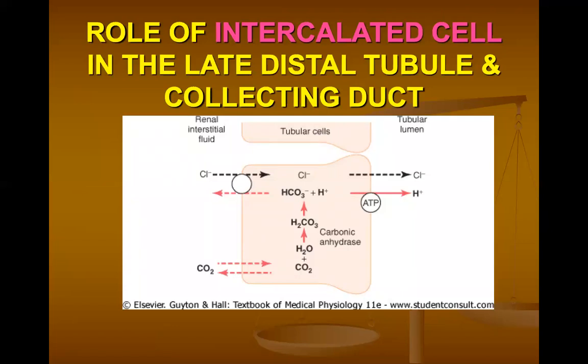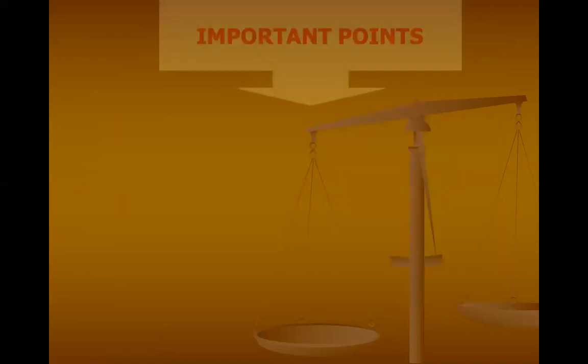You can see the same sequence of events, slightly different. Here, hydrogen ion is secreted by a hydrogen ATPase and new bicarbonate is being generated. So bicarbonate is not filtered and excreted, but new bicarbonate is being generated.